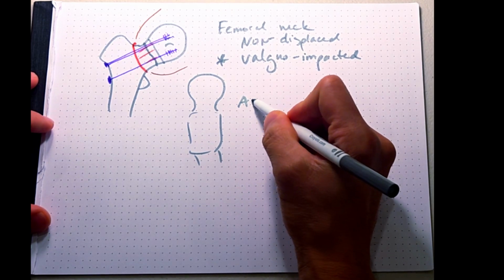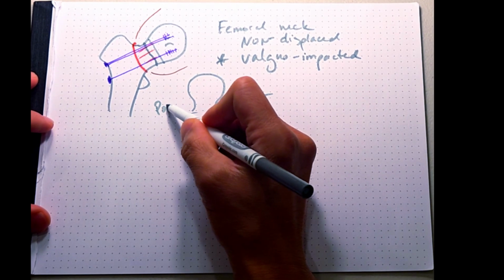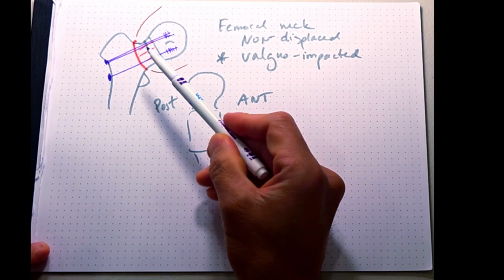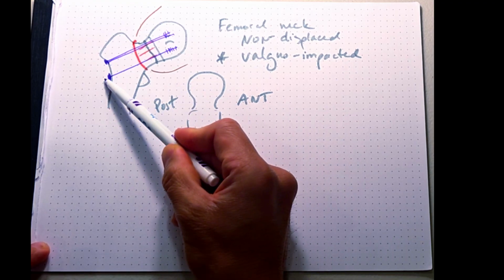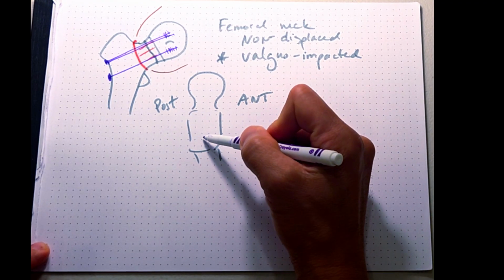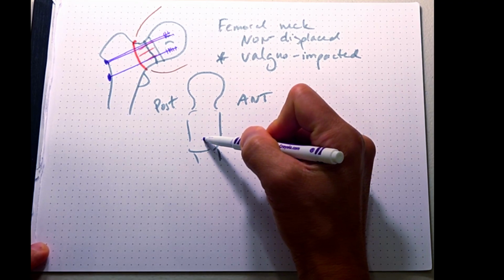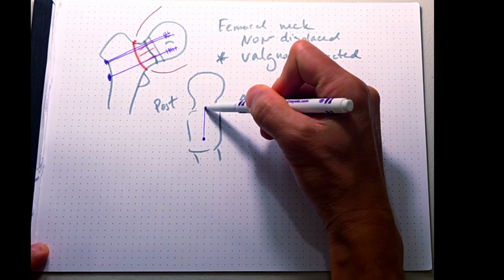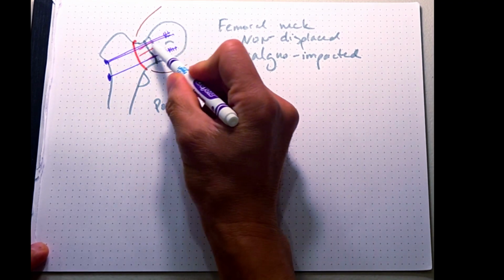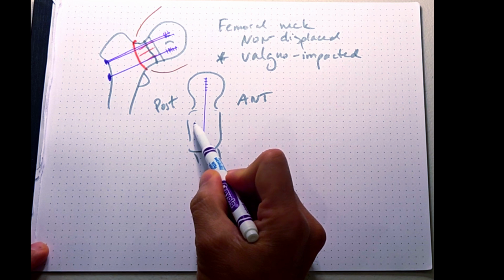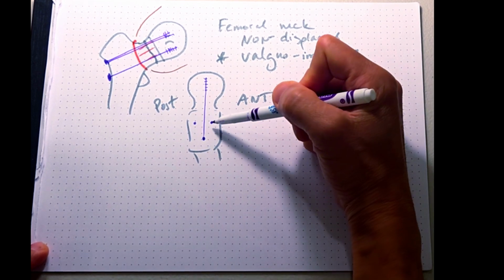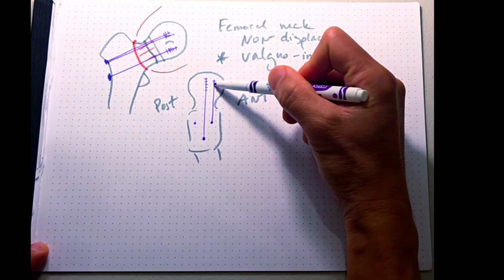And so this would be the anterior, and this is posterior. If you look at this from another angle, this inferior screw, on the lateral view, is going to go right down the middle. So you're going to start the screw here, and it's going to go into the center part of the head. The 2 superior screws are actually going to be spaced out wider. So anterior and posterior, you're going to place these on either side of the head.